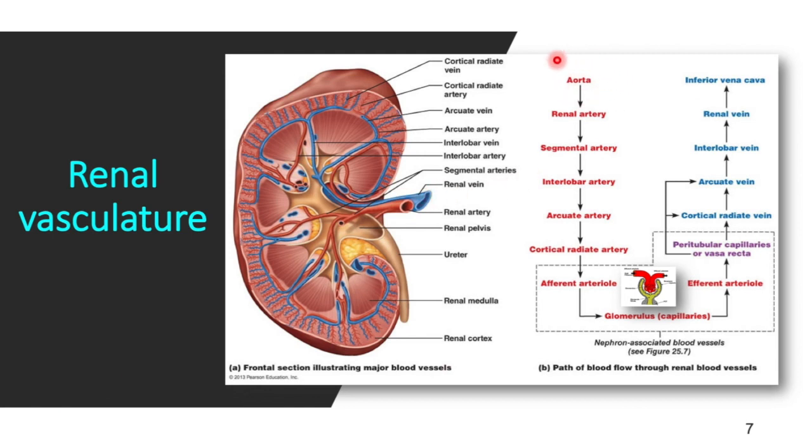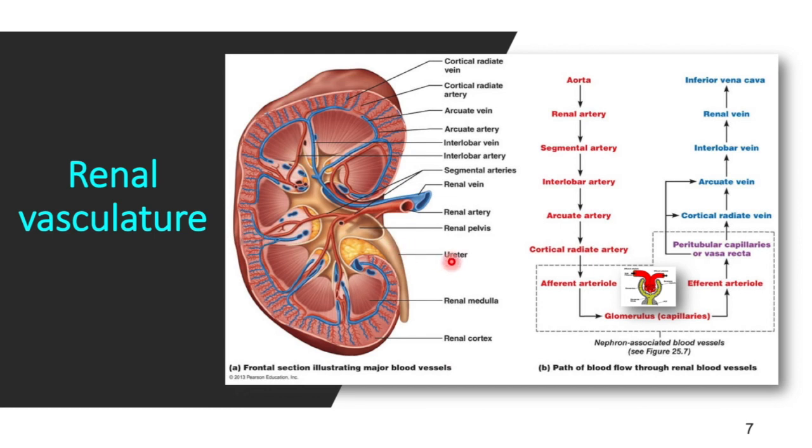Blood from aorta enters each kidney via renal artery. Renal artery branches into segmental artery, and segmental artery branches into interlobar artery, which further branches into arcuate artery and cortical radial artery.